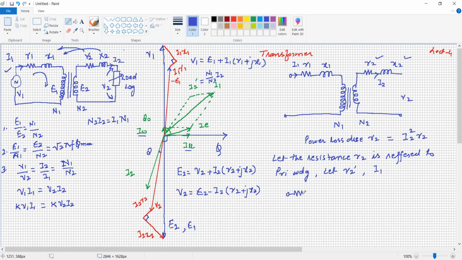This is the resistance R1. This resistance is R2 dash, which is referred to the primary side. The reactance is as it is, X1, number of turns N1. Here the reactance is X2 and the number of turns N2, and there is only a reactance.